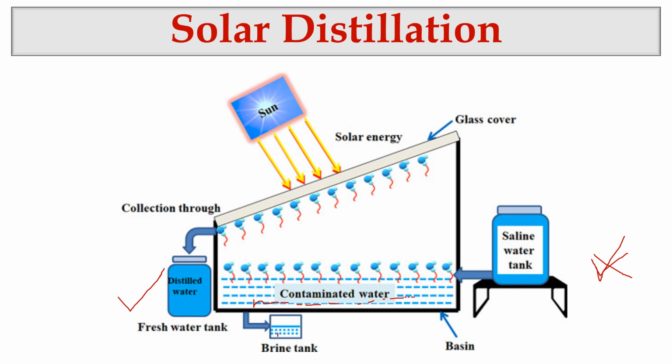This stores the contamination and keeps the contamination out of this tank, and the water vapor will reach the glass surface and form condensed particles, and these will be collected as drops. These are the drops, which will be collected and stored in a tank, the distilled water tank.